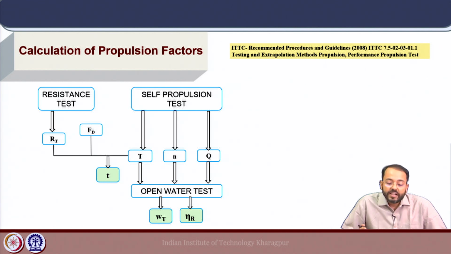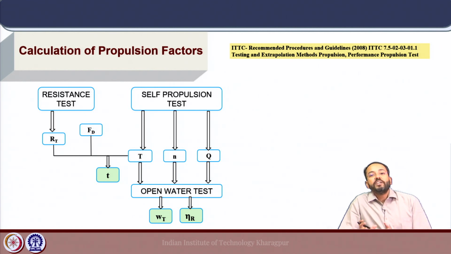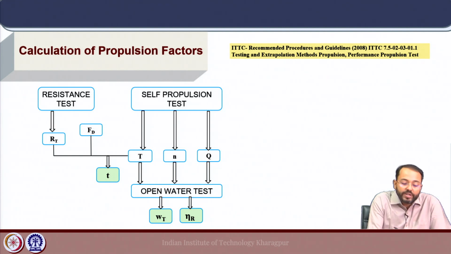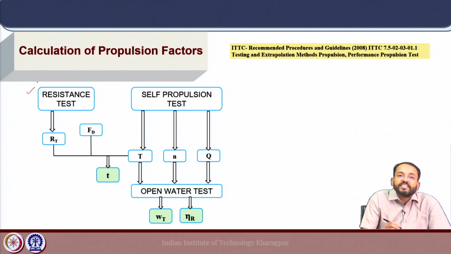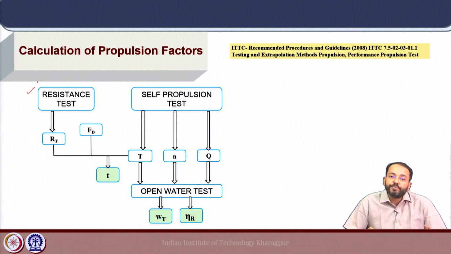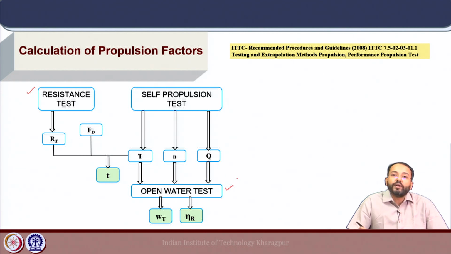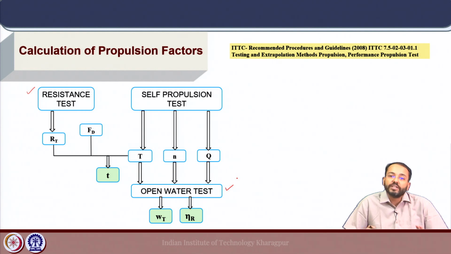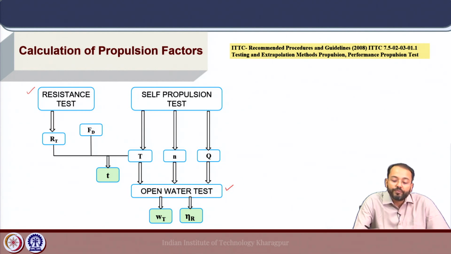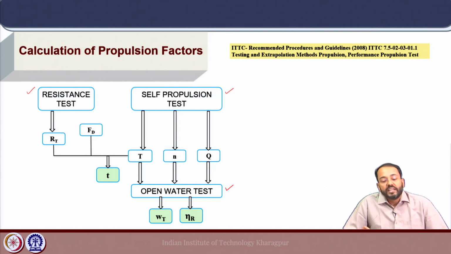Now, if we look into the calculation of the propulsion factors, we have the resistance test which has been done before. We have the propeller open water test which was done with only the propeller. We have the self-propulsion test which is done for the ship model with the propeller working behind it.